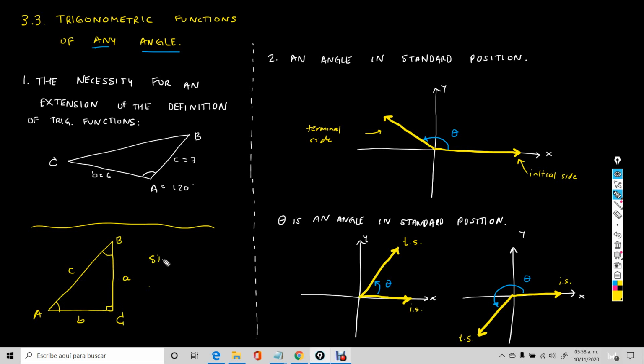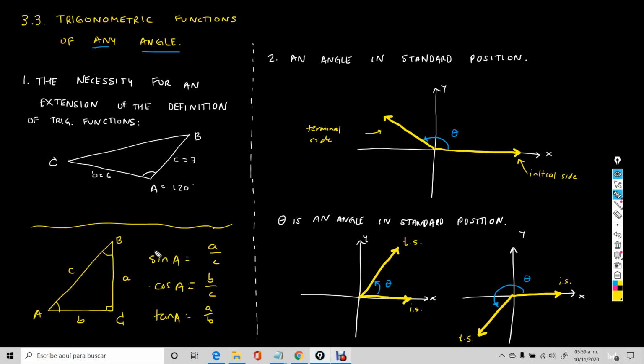Then I have only defined that the sine of A is equal to its opposite cathetes over its hypotenuse, which is C. The cosine of A is equal to the adjacent cathetes over the hypotenuse, and the tangent of A is equal to opposite over adjacent cathetes. So this is all we have defined so far.